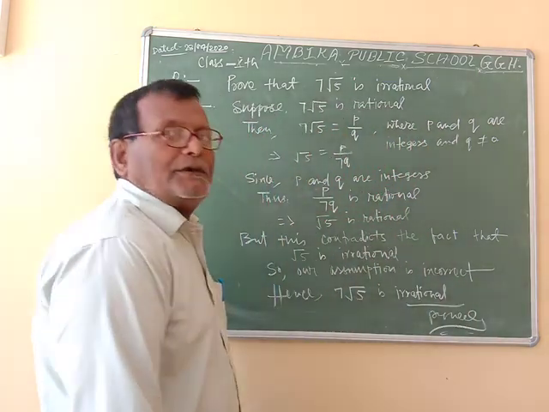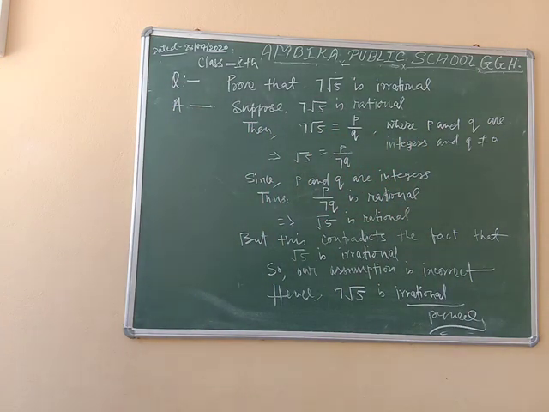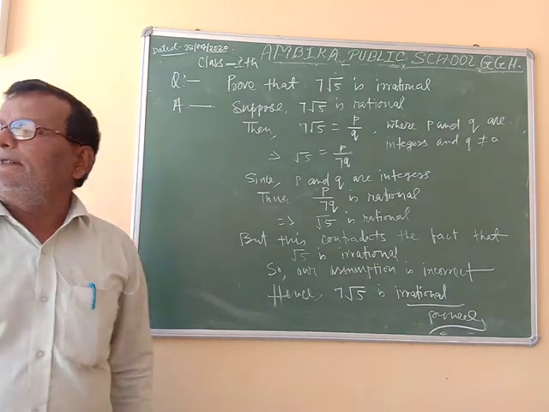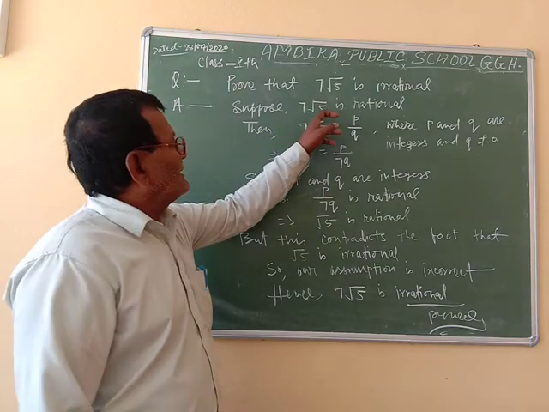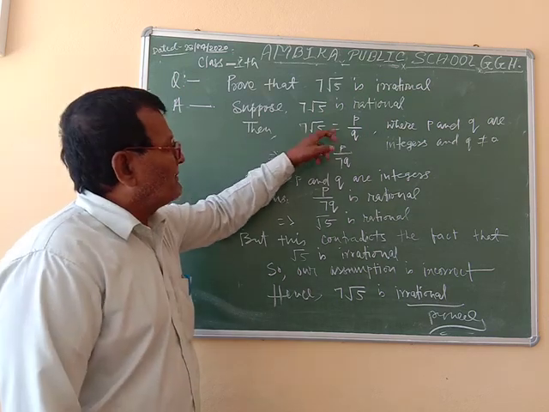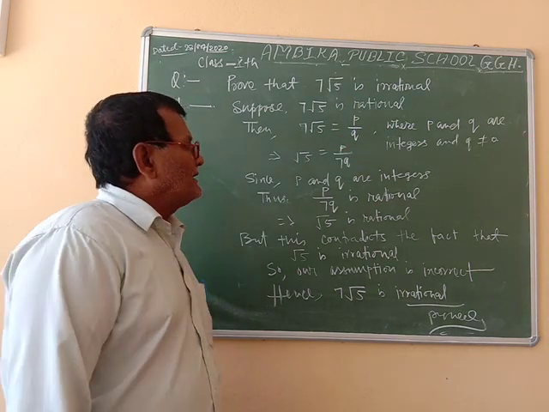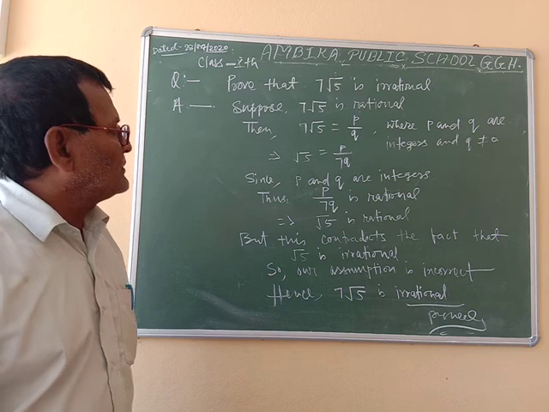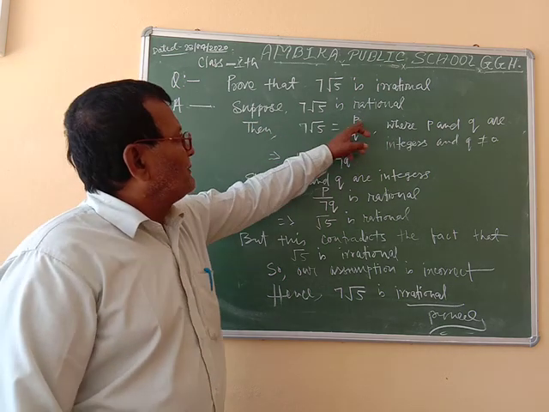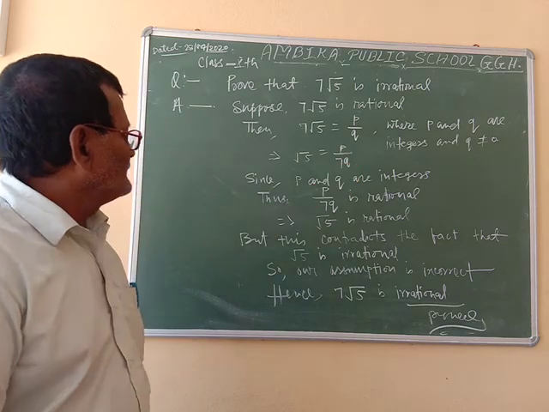To prove this theorem, 7 root 5 is irrational, let us suppose that 7 root 5 is rational. If it is rational, then we can write 7 root 5 is equal to p by q, where p and q are integers and q is not equal to 0. Or root 5 is equal to p by 7q.